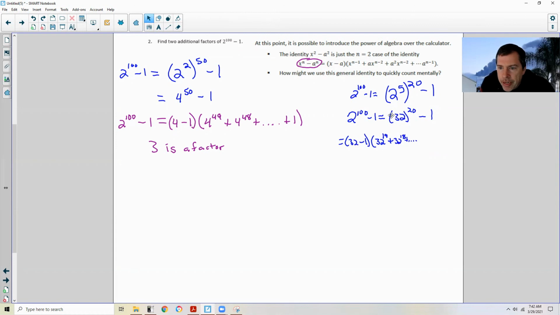Okay, so now I have that, and I keep going all the way out, and finally we're going to get plus 32. Where did that 32 come from? It's right here.